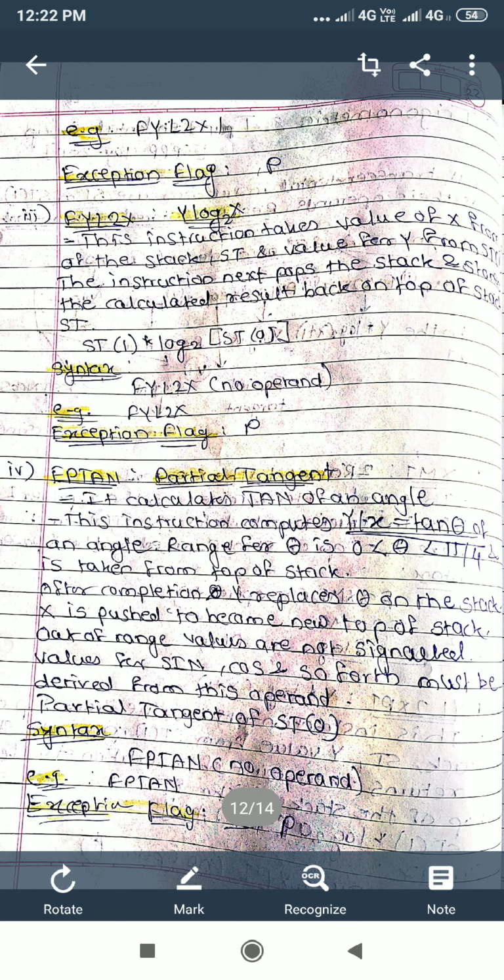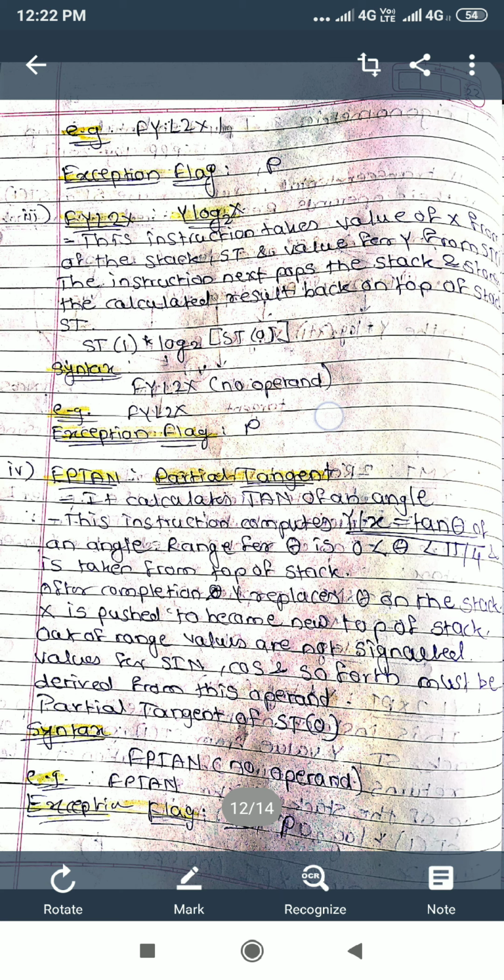Next is your fyl2x instruction, that is y into log to the base 2 of x. This instruction takes the value of x from the top of the stack, that is from ST, and the value for y from ST(1).